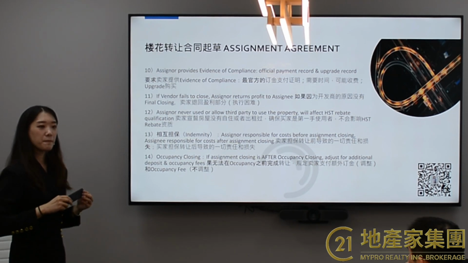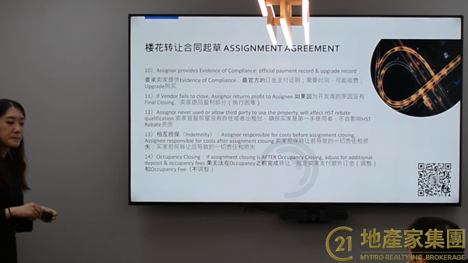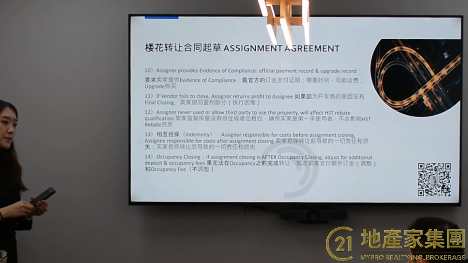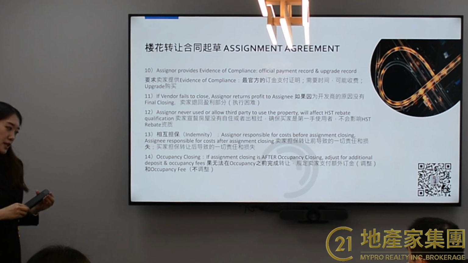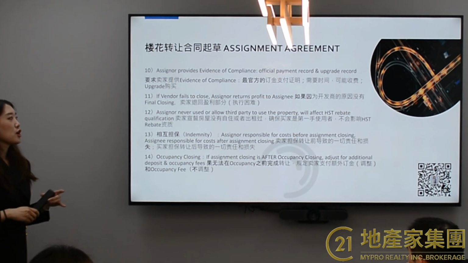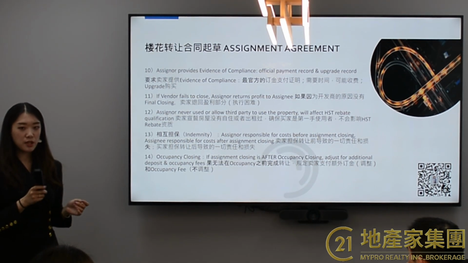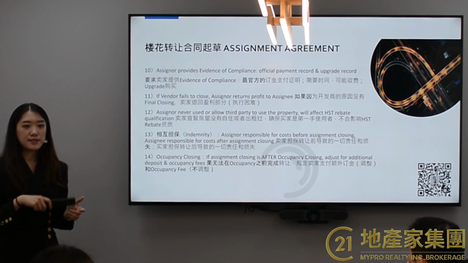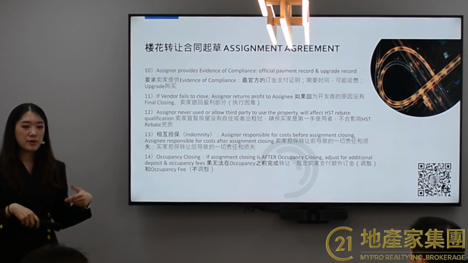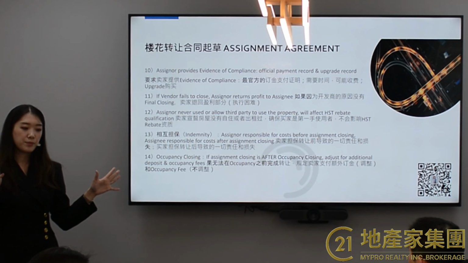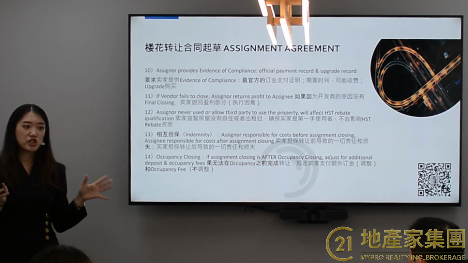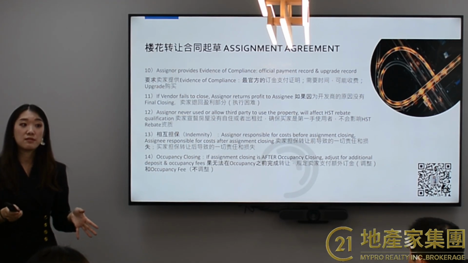Sorry for a lot of questions. No worries. What if the builder cancels the project and they return the deposit? Does it return to the original purchaser or to the assignee? It's returned to the assignee. Who they're going to return the deposit to is written in the consent agreement. In the consent agreement, they will explain the adjustment on the deposit they already received.